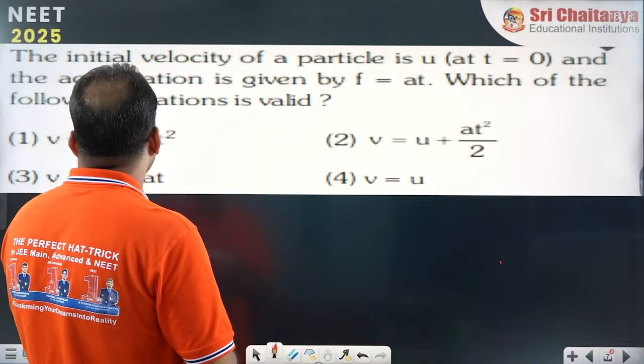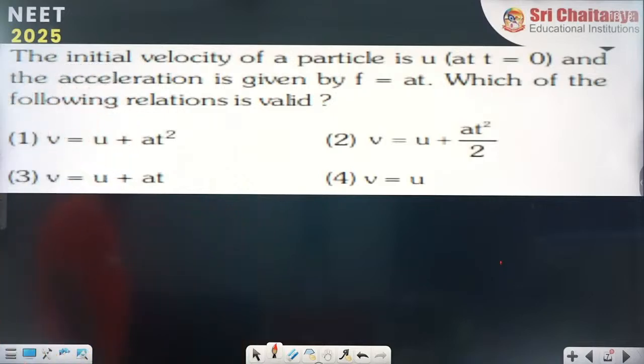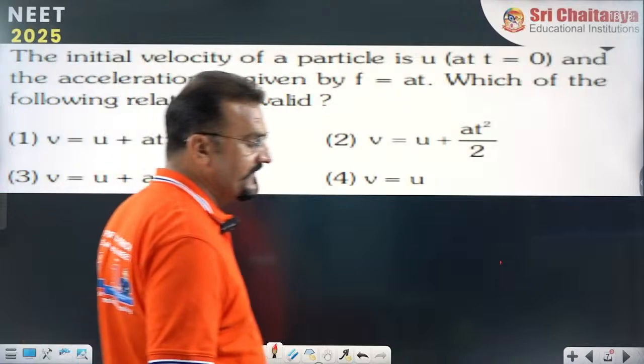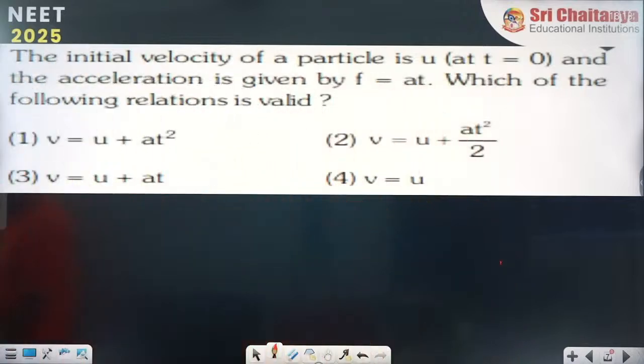Then which of the following relations is valid? Now you tell me. This is a very good question to understand properly. I want you to answer this question correctly. You can take your time, but there should not be a mistake, because I expect that you utilize the concepts I told you.